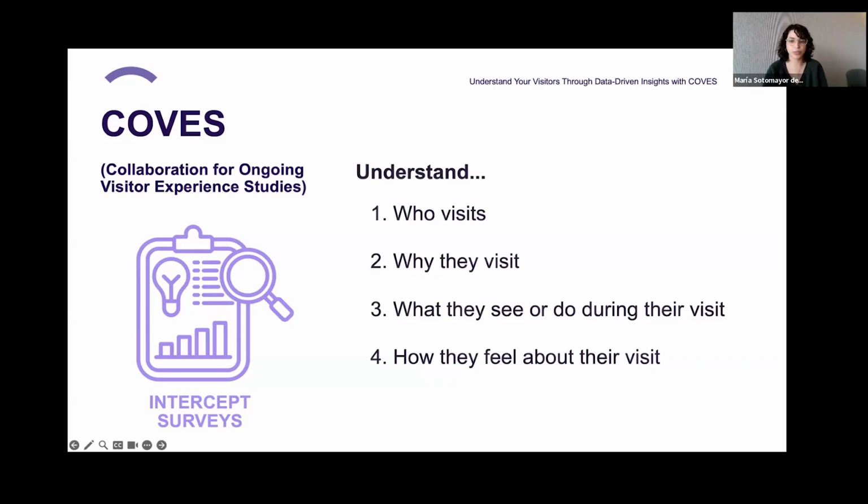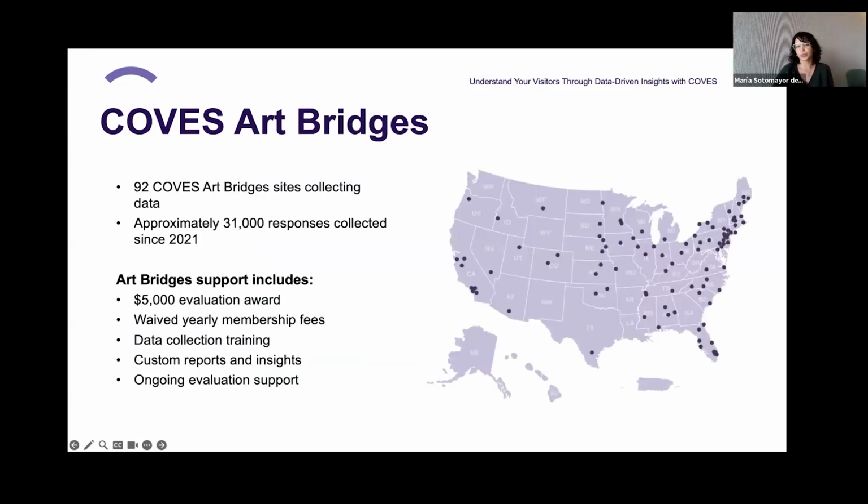Now, when I explain COVES, it's important to understand that we work in partnership with the Museum of Science in Boston to help set up COVES at new sites, to support existing sites. Museum of Science in Boston focuses more on the science institution side of things, and then COVES Art Bridges provide support for art museums, as well as a few additional perks that we always like to shout out.